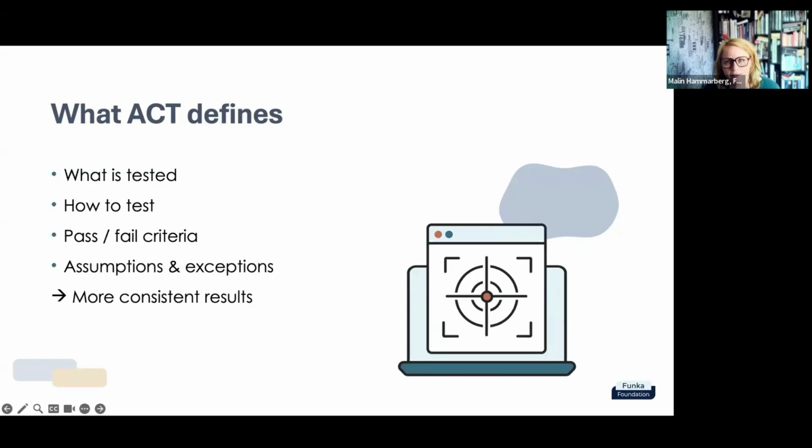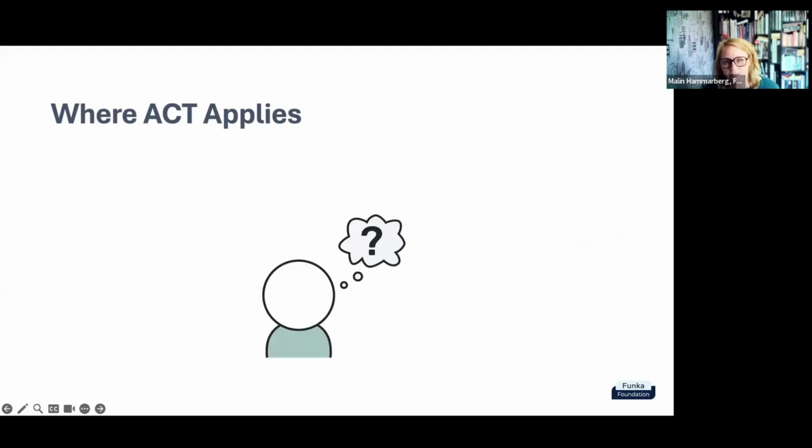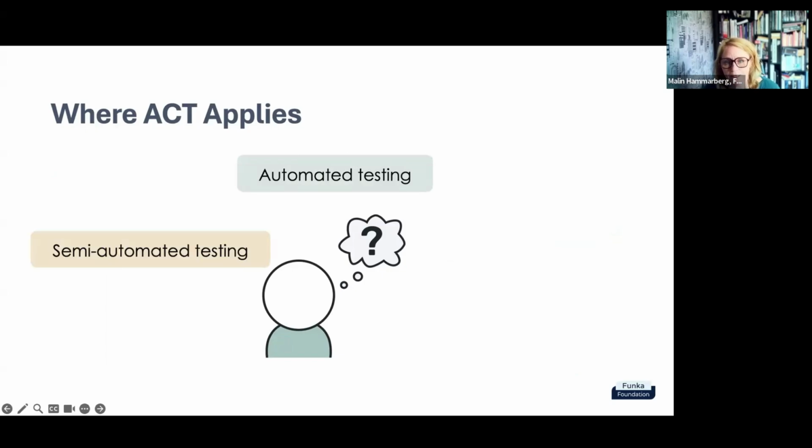So ACT rules can be used in several types of testing. They do apply to automated testing, of course, because they are there for supporting the automated testing tools. They apply to semi-automated testing and also to manual testing. So they are not just about tools, they also support some human evaluation.